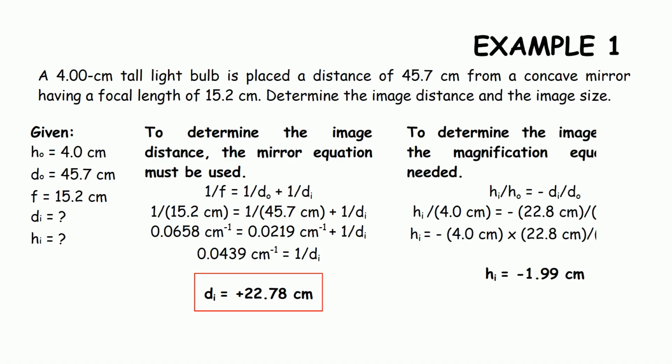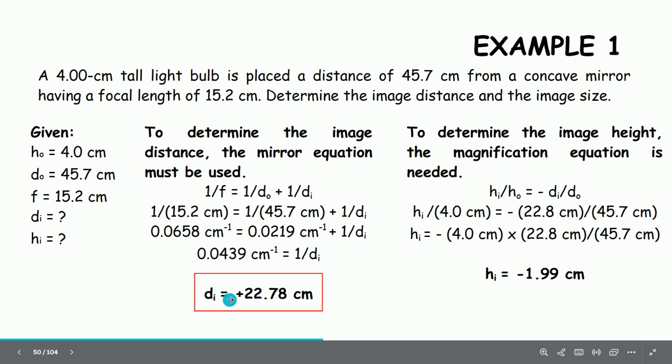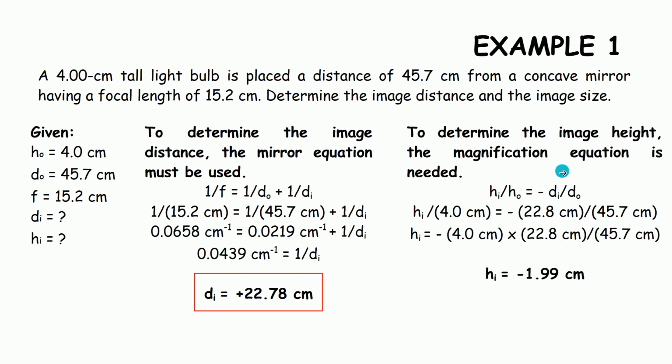And now that you have the image distance, you can now find the image height. To determine the image height, the magnification equation is needed. Since we already have the image distance, we can substitute everything except the image height, which we will be looking for.